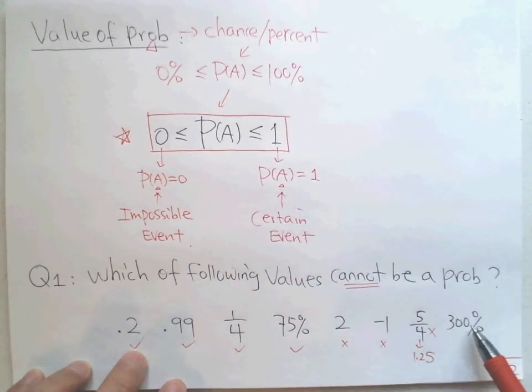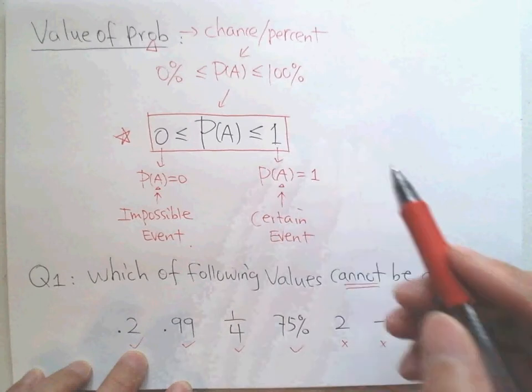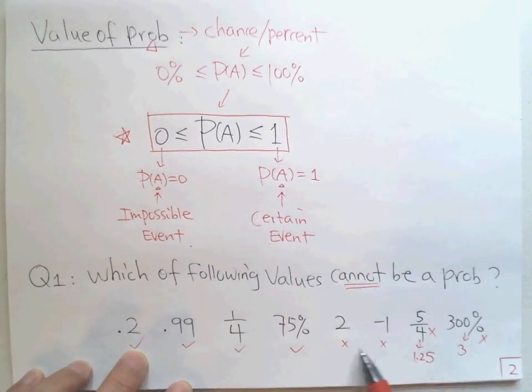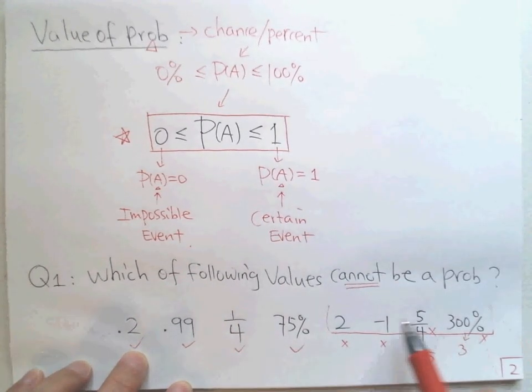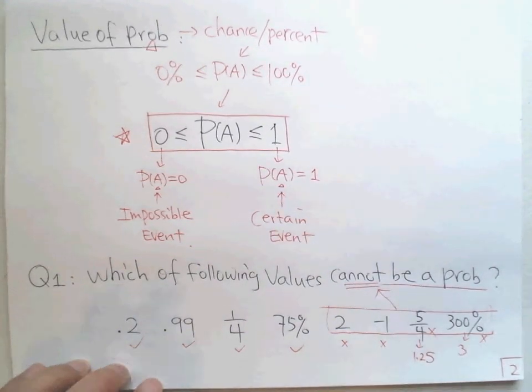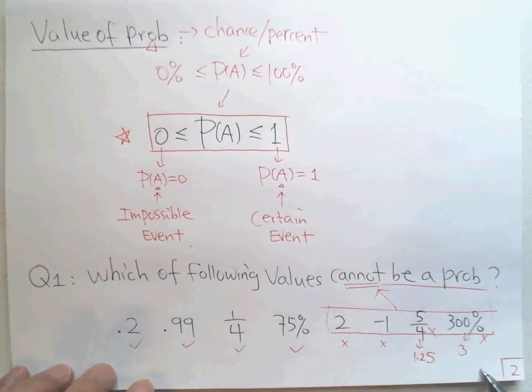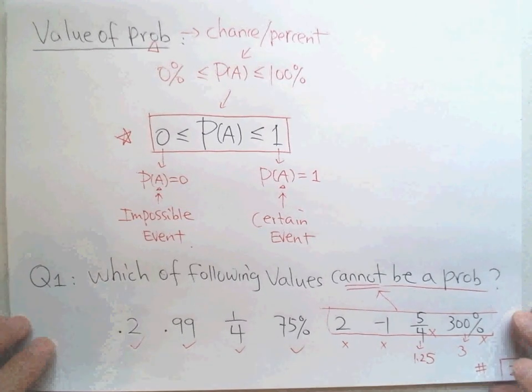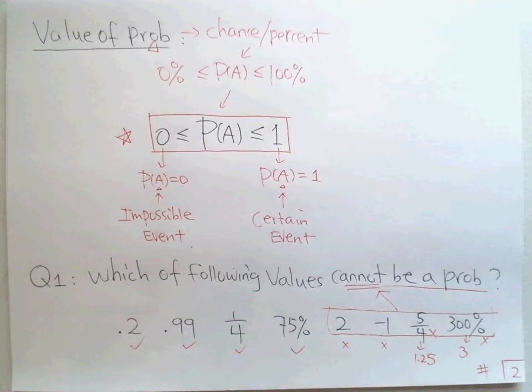This is also impossible to be a probability. How about this? 300%. If we change it to decimal, it's 3. 3 means greater than 1, right? 300%. See, and these four, 1, 2, 3, 4, all cannot be a probability. And this is the basic concept. Yeah. Thank you.